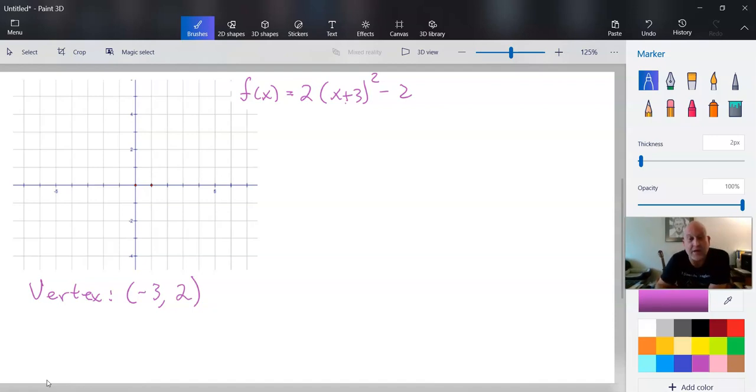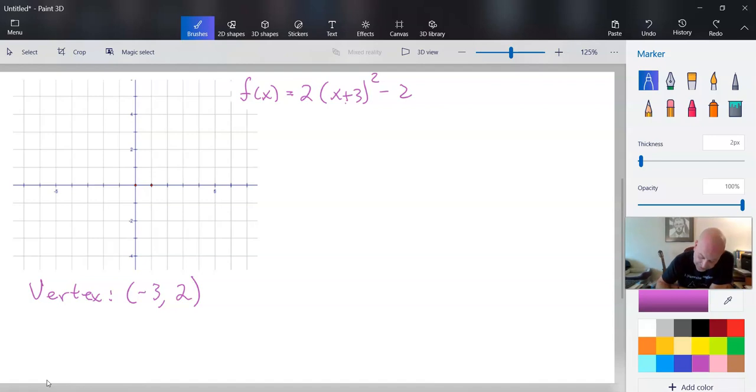Keep in mind what's actually happening here. This value here actually comes from whatever makes this quantity equal to 0. Whatever value of x makes that equal to 0 is what you're actually plugging in there. So just so we're aware of that. It ends up boiling down to just being the opposite.